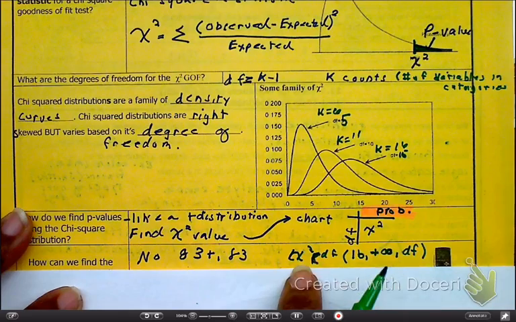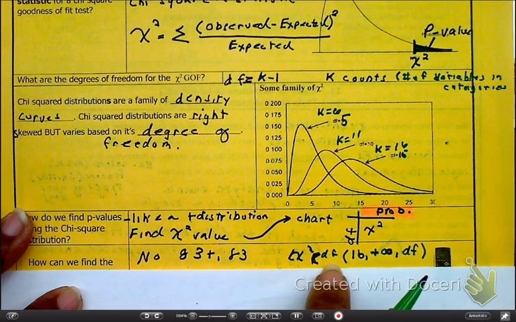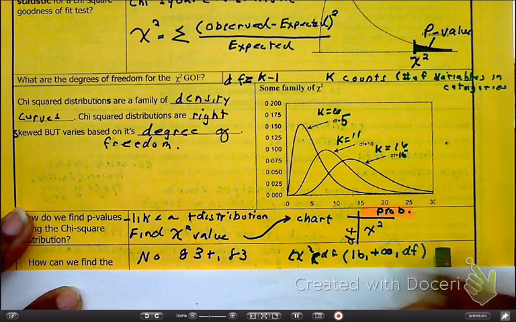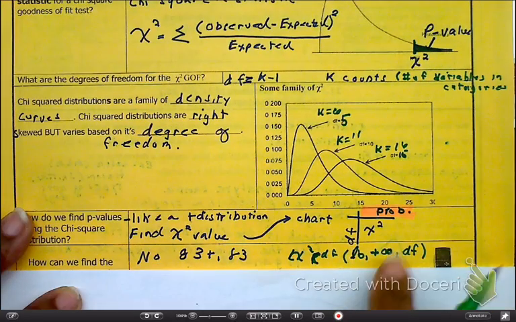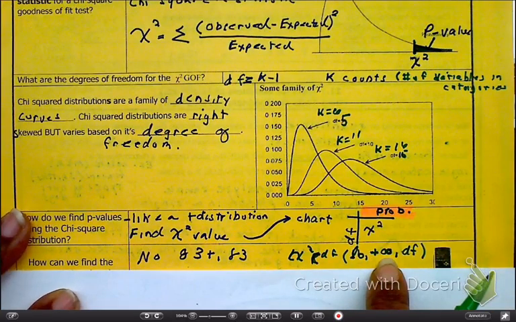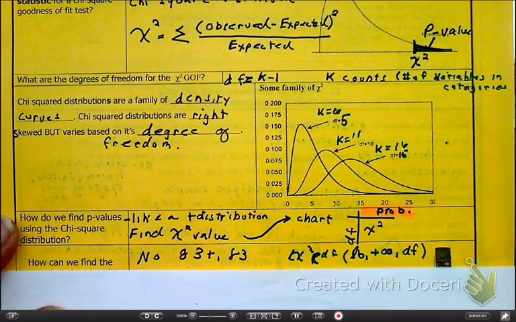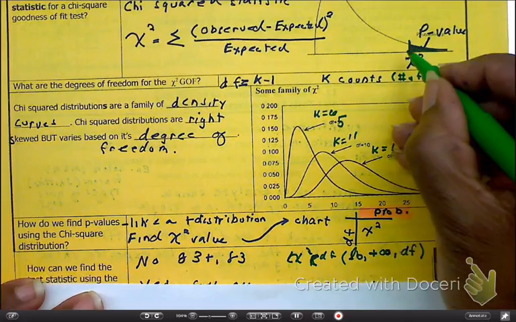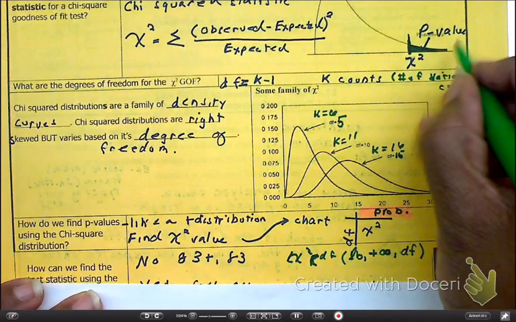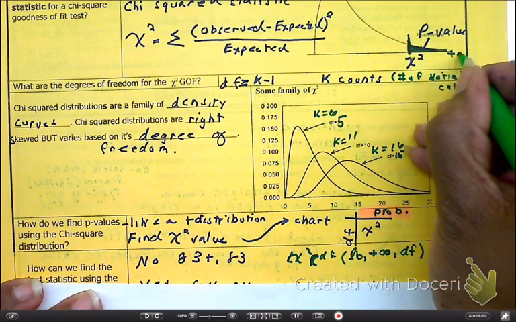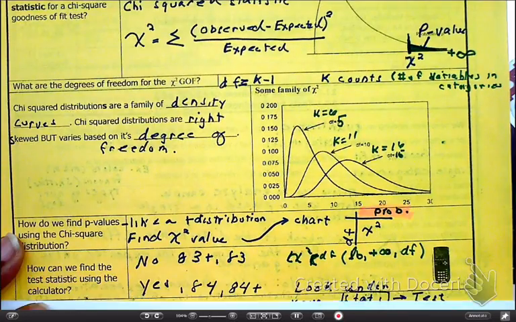Google it. You're going to be using the chi-squared CDF, not PDF. It's the left bound, that's an L, some huge number, and the degree of freedom. This is going to be consistent all the time, because let's face it, as we slide back up here, your chi is always going to be here, and over here is your positive infinity.